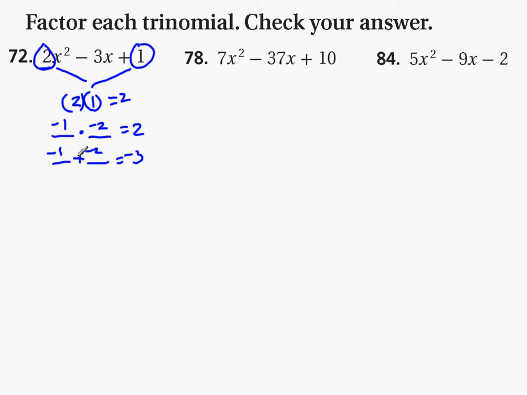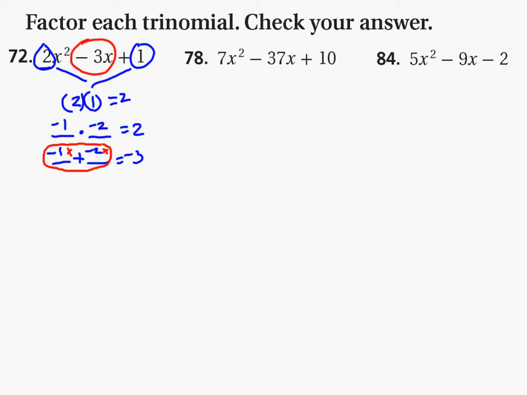Now here's what we're going to do with these two numbers. We're going to rewrite this 3-term expression as a 4-term expression. We're going to take the -3x and turn it into 2 terms, -1x and a -2x. Okay?